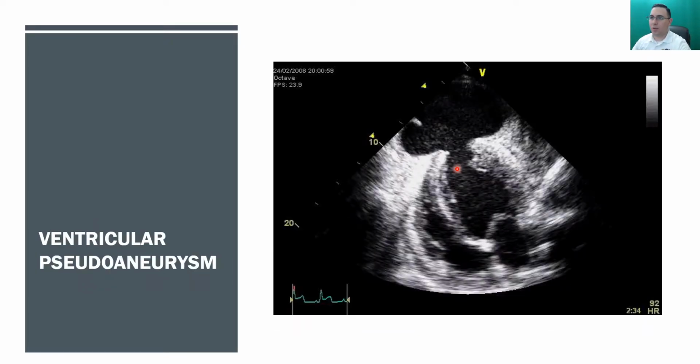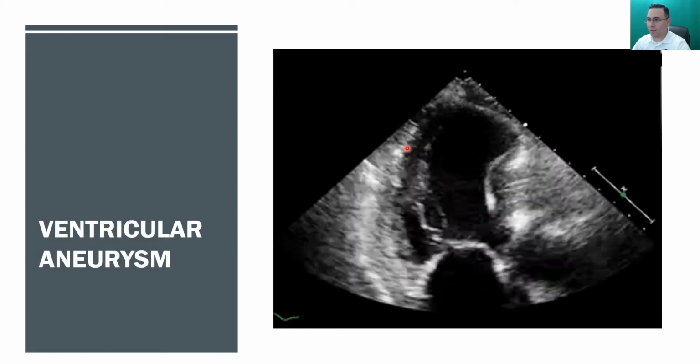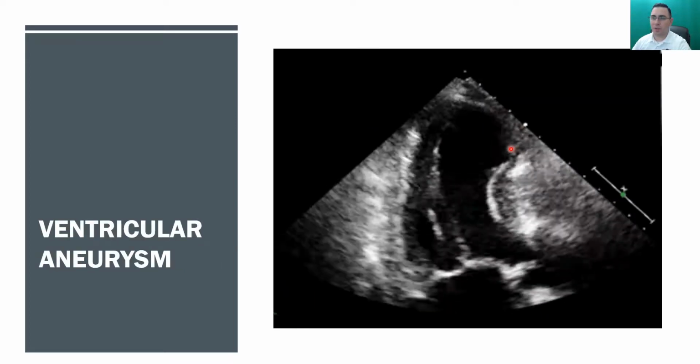Now, if we take a look at a pseudoaneurysm, look at this one here, a pseudoaneurysm is a false one. If you take a look, the base is narrow, more like a neck, and it's not made of muscle, it's going to be made of pericardium. So compared to this other one here, this is made of muscle, all right?